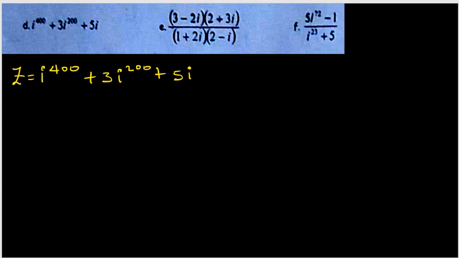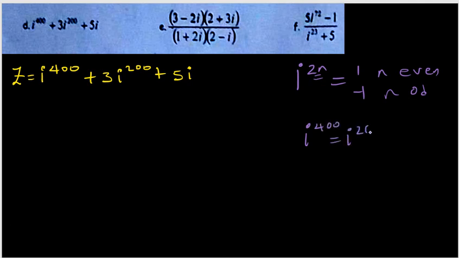So this time we need to remember i to the power of 2n, 2n is an even number, will give us either 1 or negative 1. It depends on n again, whether n is even or odd. So when you are thinking of i to the power of 400, it can be written as i to the power of 2 times 100. As you see, the bracket part is even, so it will be just 1.